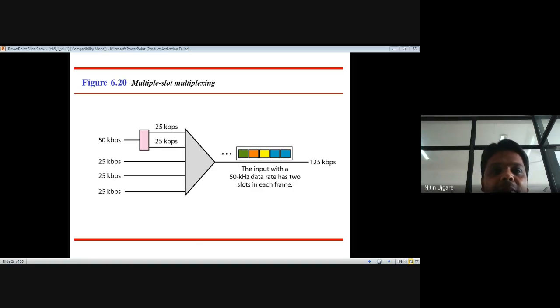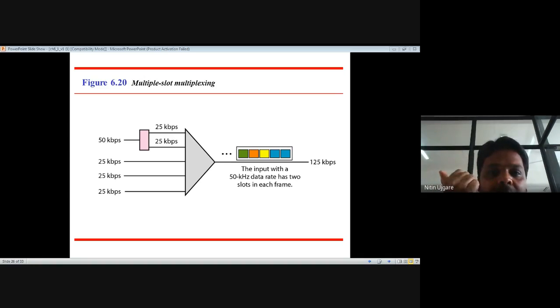Then we'll see multiple slot multiplexing. In multiple slot multiplexing, sometimes it is more efficient to allot more than 1 slot in a frame to a single input line. For example, we might have an input line that has a data rate that is a multiple of another input.